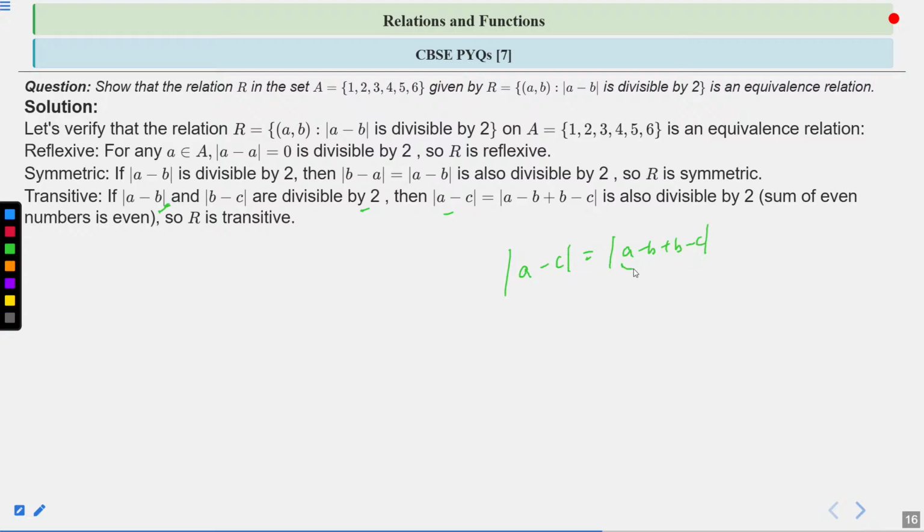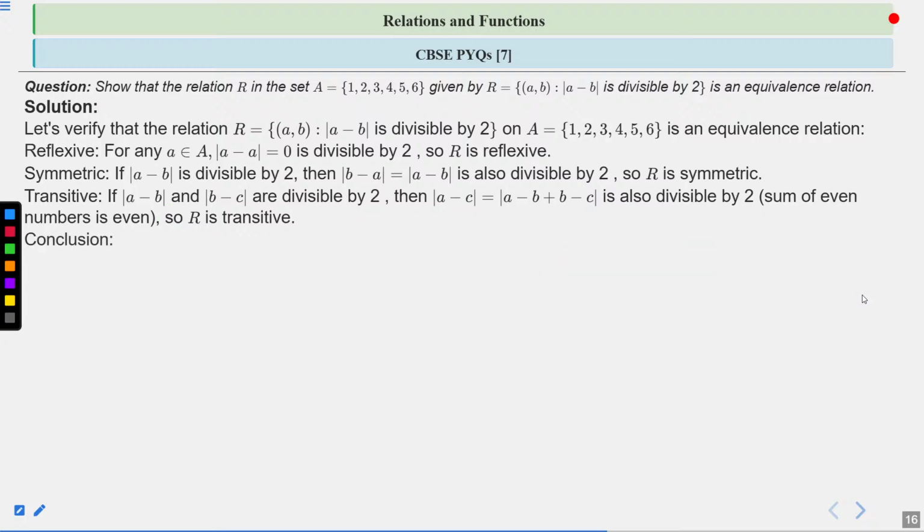Now a minus b is divisible by 2 and b minus c is divisible by 2. If 4 is divisible by 2 and 8 is divisible by 2, then the summation of these will be divisible by 2. Therefore a minus c is also divisible by 2. The sum of even numbers is even. So R is transitive also.